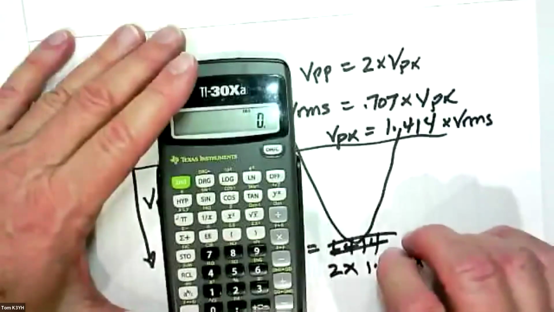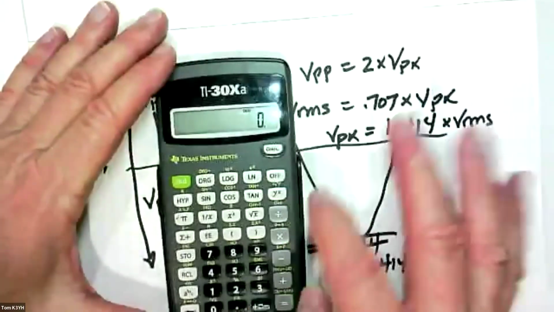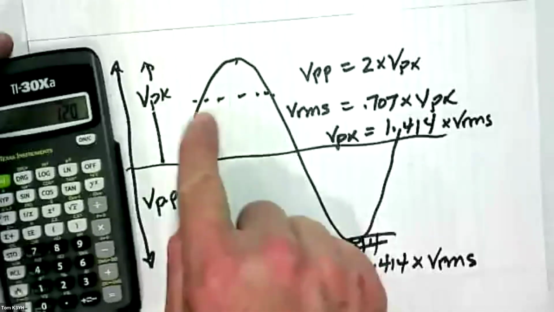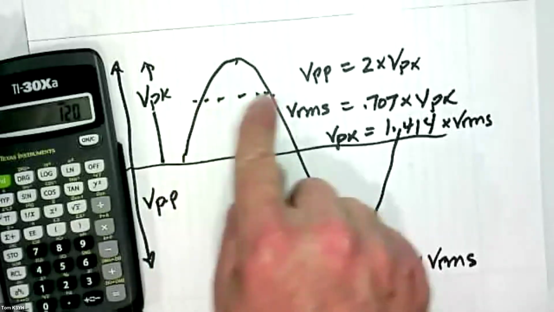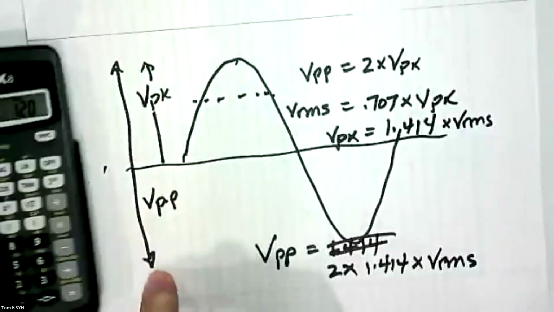Okay, so the peak-to-peak voltage in this case, I'm sorry, the RMS voltage is 120. So I'll put in 120. That's where this dotted line here is, it's 120. And they want to know what's the peak-to-peak.